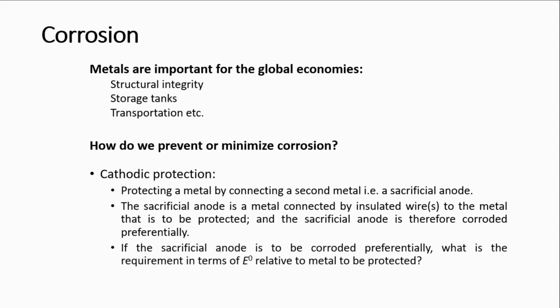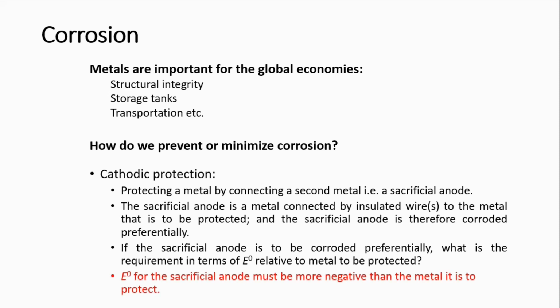So if you have two metals, one would rather undergo oxidation, whereas the other will more likely undergo reduction. The one that reacts faster to oxidation will undergo oxidation. That's the basic principle. Now, if the sacrificial anode is to be corroded preferentially, think about it: what is the requirement in terms of E0 relative to the metal to be protected?